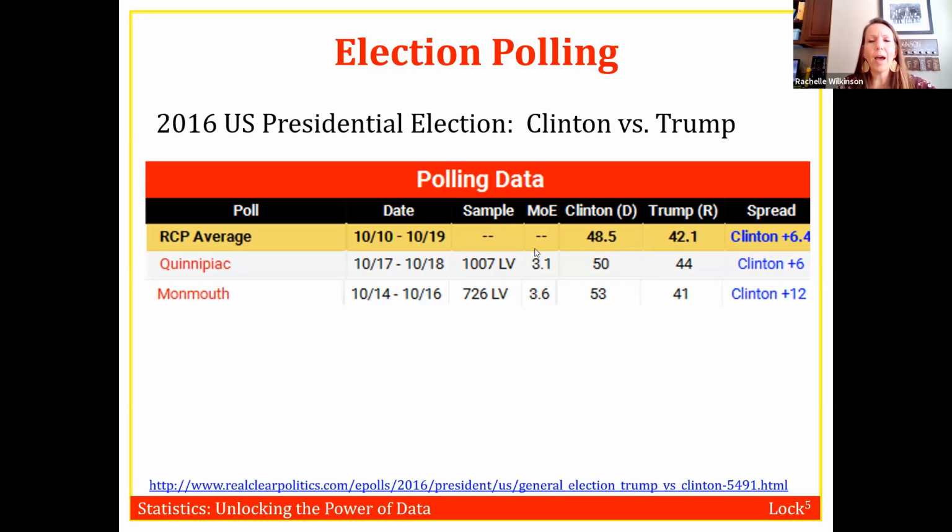So why do these two confidence intervals have different margins of error? Based on the information they're giving us right here, why would the Quinnipiac poll have a smaller margin of error than the Monmouth poll? Yeah, great. It has to do with our sample size. The Quinnipiac poll sampled 1,007 likely voters, whereas the Monmouth poll only sampled 726 likely voters.